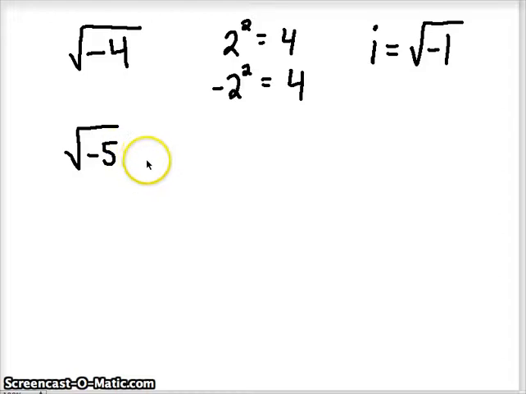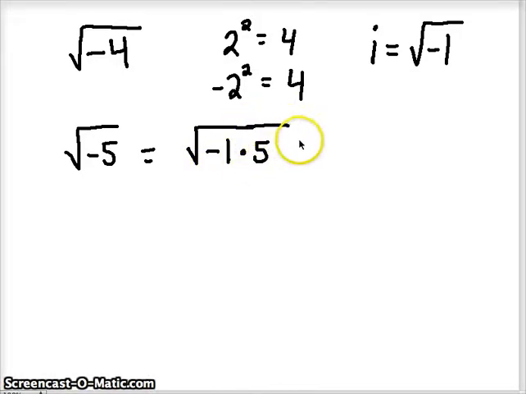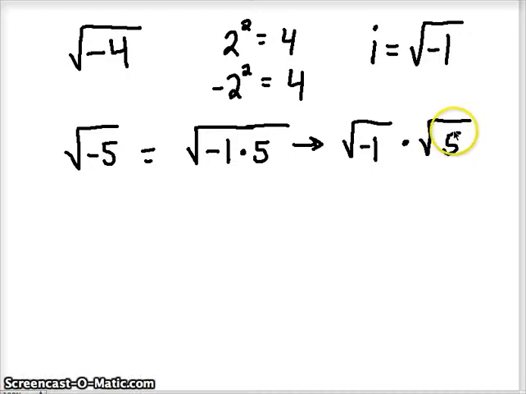If you remember, the law of square roots or radicals allows us to break up a number under a radical into two different radicals. So really -5 is the same as -1 times 5, right? And we're allowed to break that up into two different radicals. So the square root of -1 times the square root of 5.